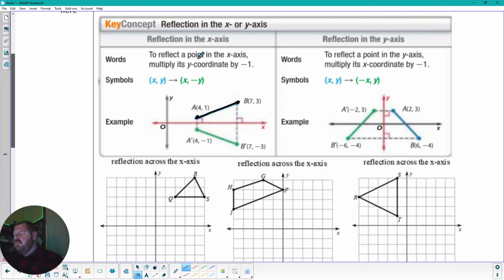You notice A is a little bit closer to the mirror, so A prime ends up a little closer to the mirror. Conversely, B is a little bit farther away from the mirror, and B prime ends up a little bit farther away from the mirror.